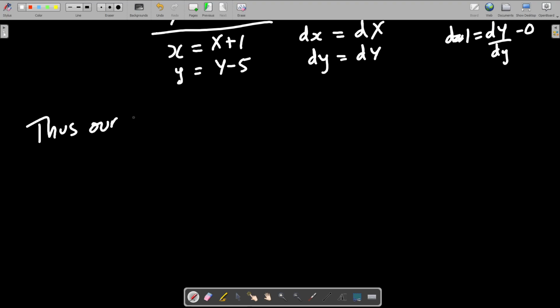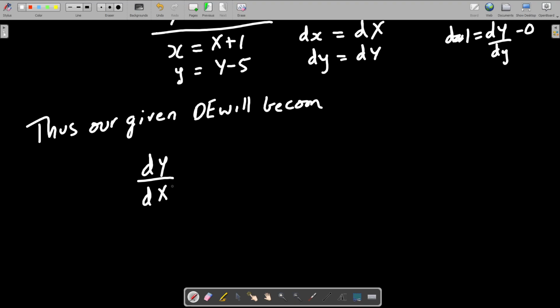Thus, the given differential equation will become dy/dx = (x + y)/(x - y).